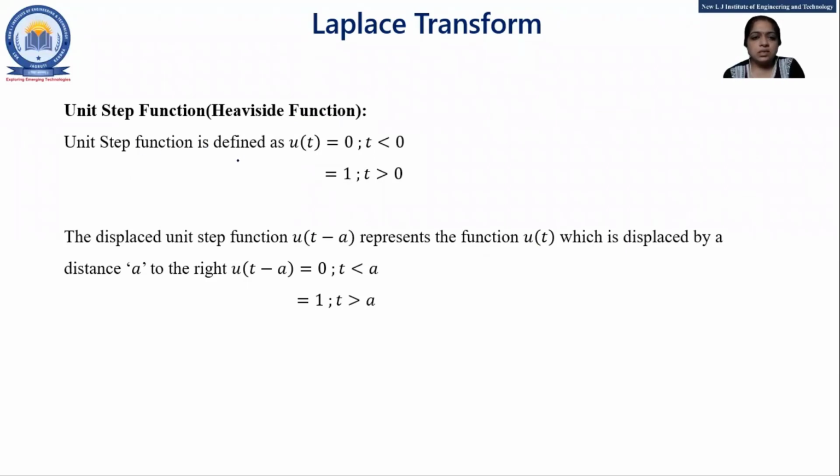Unit step function is defined as u of t equal to 0 if t less than 0, and equal to 1 if t greater than 0. See, this u is the symbol of unit step, students. So this is the basic definition of unit step function. Please remember everyone, you may be asked in the exam also.